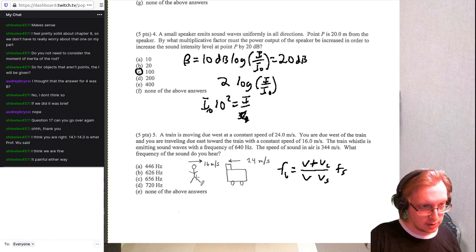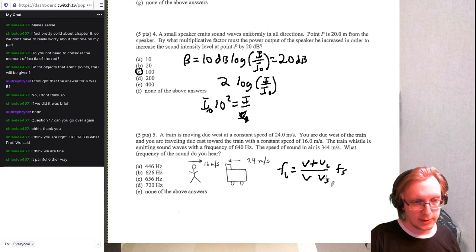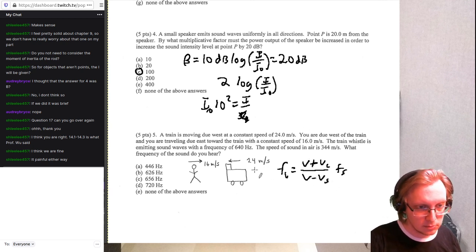The train is approaching the listener, therefore we expect it to go higher. In order for this number to be higher, we need the denominator to be smaller, so a minus goes here. Alrighty, so we have 344 goes there, plus the listener's speed is 16, divided by 344 minus 24.